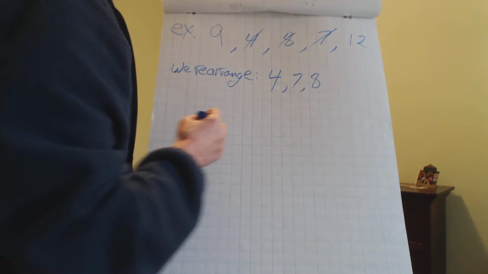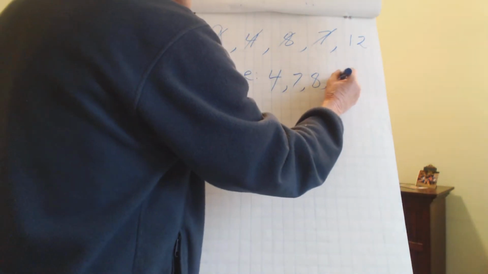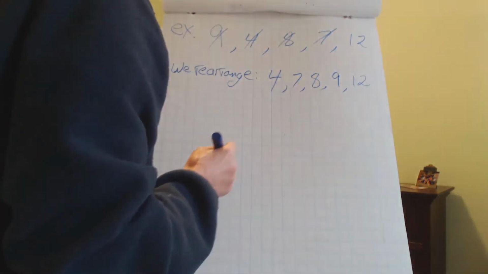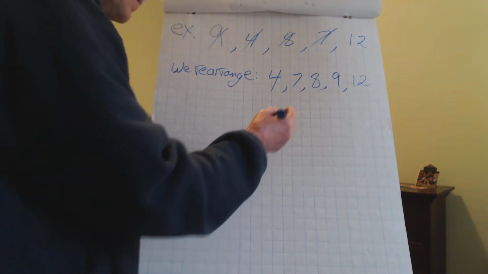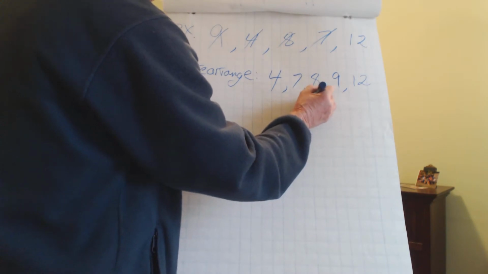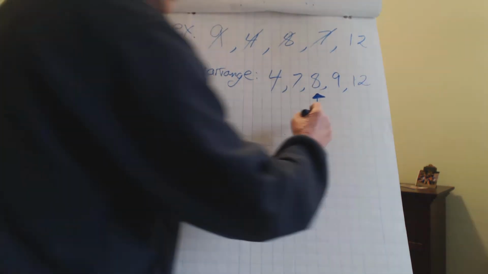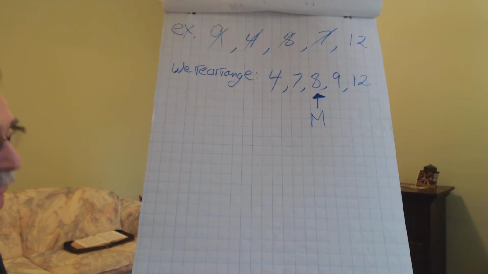By now you've seen that my example is less than perfect. 9 and 12. Okay, so now we see it's very evident that yes, indeed, the median was 8. And I won't make that mistake again, I tell you that. Okay? There's the median. And you'll mostly find that most math teachers represent the median with a capital M.